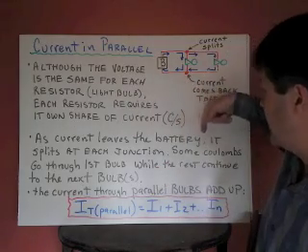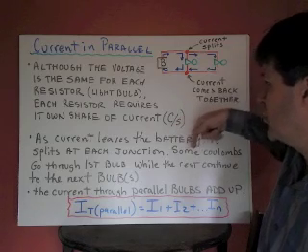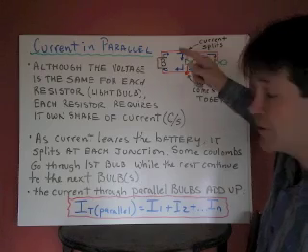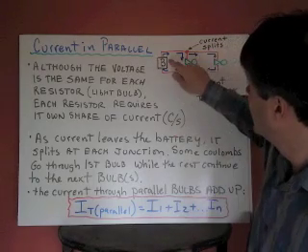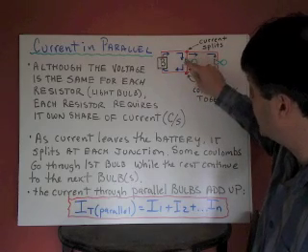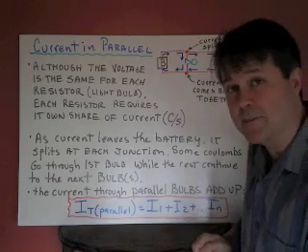So as the current leaves the battery, it splits at each junction. Some of the coulombs go through the first bulb, so we have a split right there. We talked about that earlier. The current comes out of the battery, hits the junction, and splits. Some of it goes to the first bulb, the rest of it goes to the second bulb.